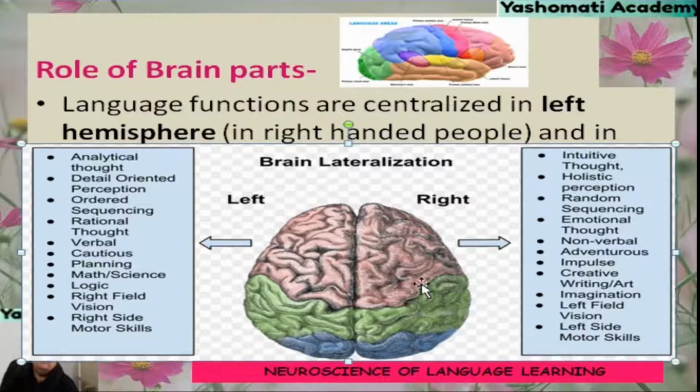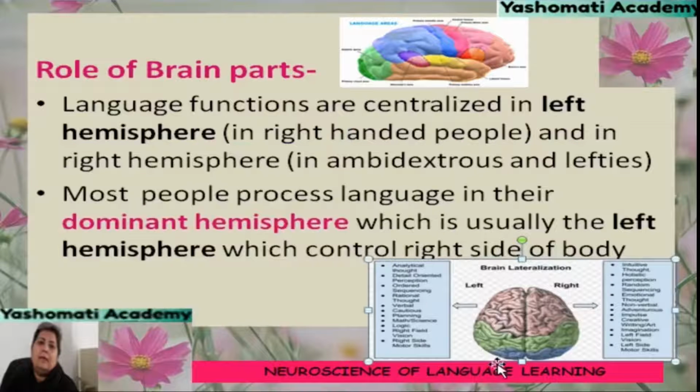Because different functional specializations are present on the two halves of the human brain, both halves are not exactly the same, and neural mechanisms for some functions are localized primarily on one half of the brain. That is called brain lateralization.